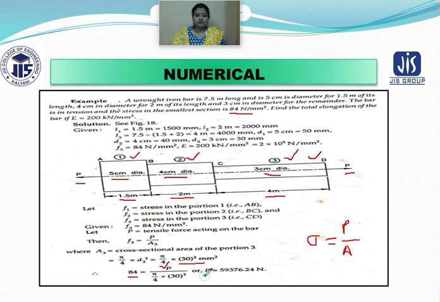So ultimately you get the value for P as 59376.24 kilonewton. So you have received the value for P here.